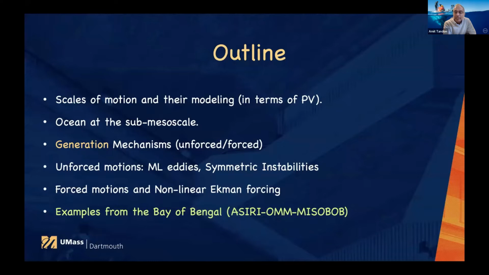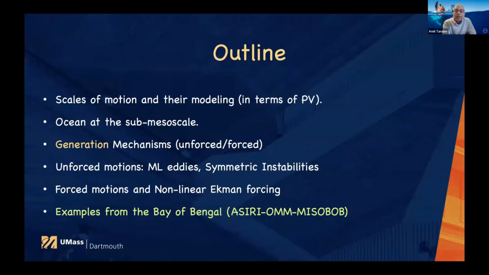So again, as some of my pictures have shown, we'll quickly come down to fronts and filaments and eddies. And then I'll talk about how these may get generated both by unforced motions, in terms of what are called mixed layer eddies, which are upper ocean shallow phenomena, as well as instabilities, which you may know from other contexts, symmetric instabilities.